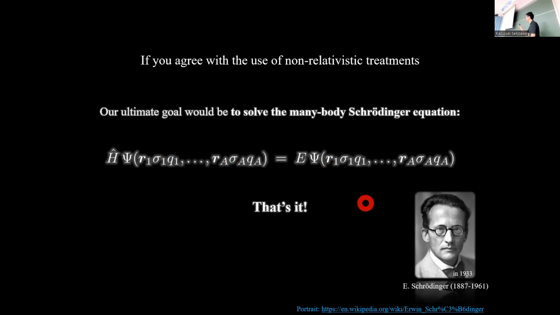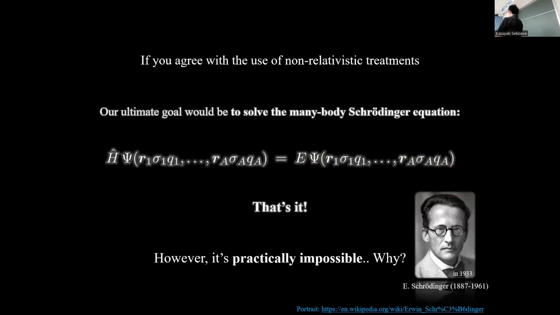If we could solve this equation, we know everything. We have many-body wave functions, and we can calculate any observable using this object. Okay. However, it is practically impossible, at least with present technology. So let me explain why.